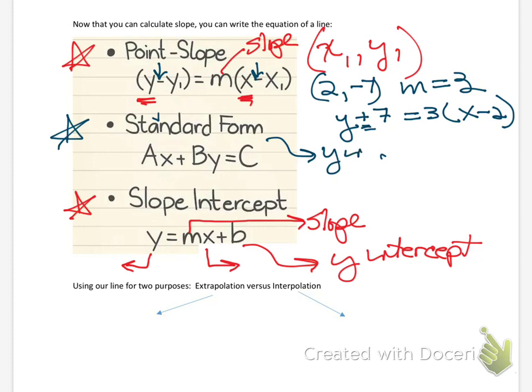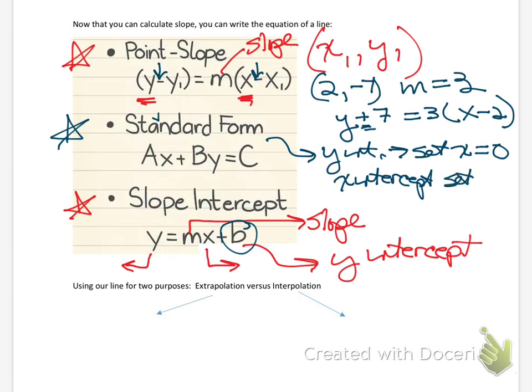To get the y-intercept, you're going to set x equal to 0 and then solve for y. That gives you your y-intercept, which is your b in this form. To get your x-intercept, you're going to set y equal to 0 and solve for x. That gives you your root.